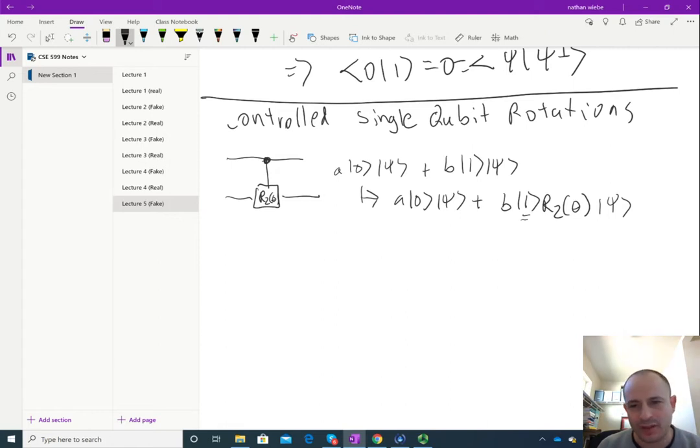So, I'll show you a technique that requires an ancilla, but will allow you to do this. The idea of this technique basically stems from the following observation. Let's say what we want to do is a controlled Z gate. How does this work?